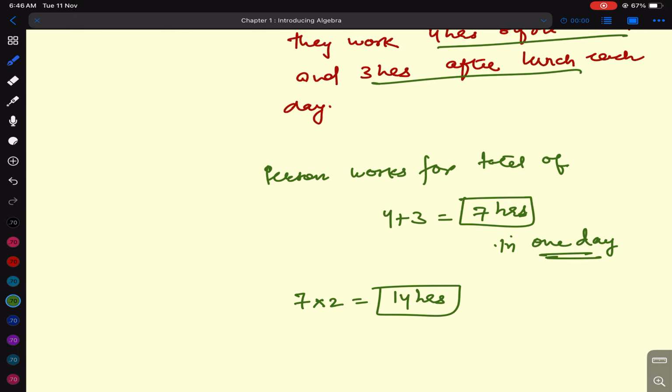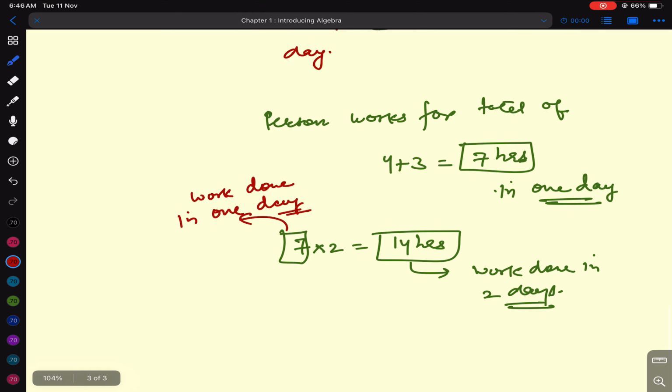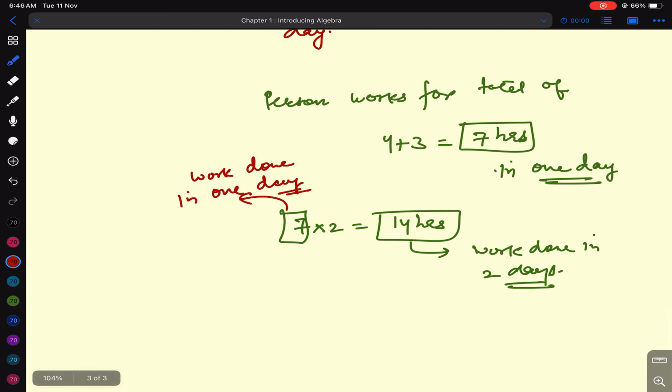So 14 hours is the work done by the person in 2 days, and that's your answer. I hope that's clear. What was 7 in the first place? 7 was the number of hours the person worked in 1 day, and we multiplied that with 2 in order to get 14. So this was your example on the same.